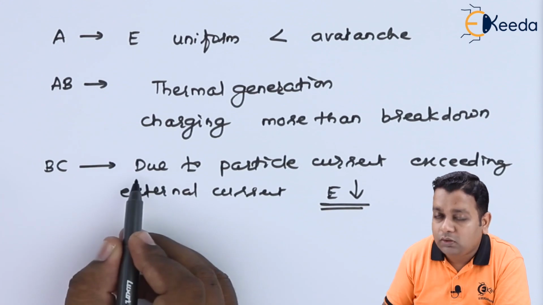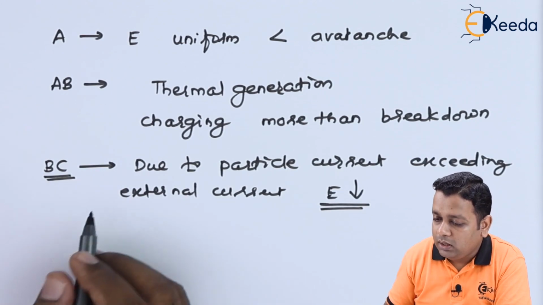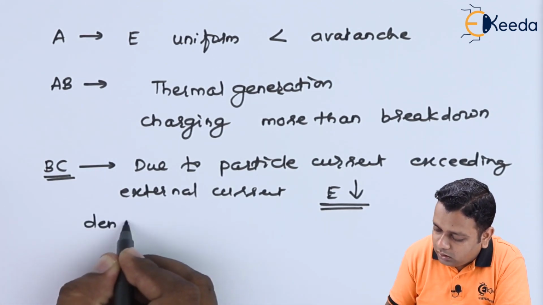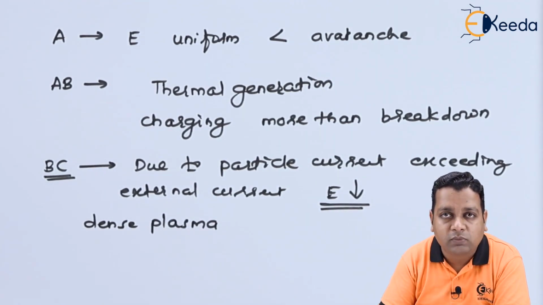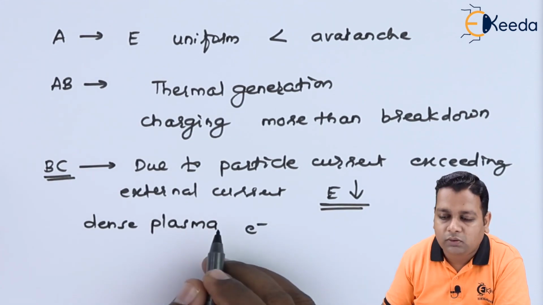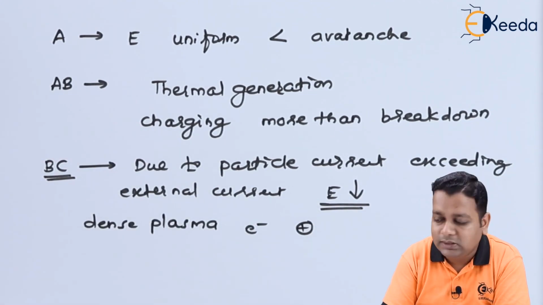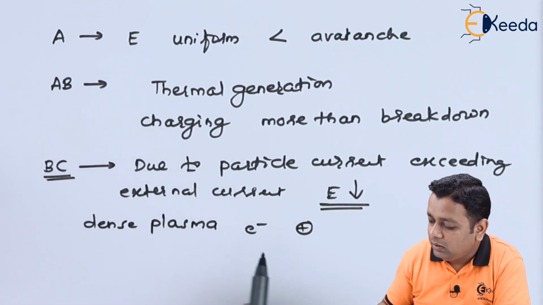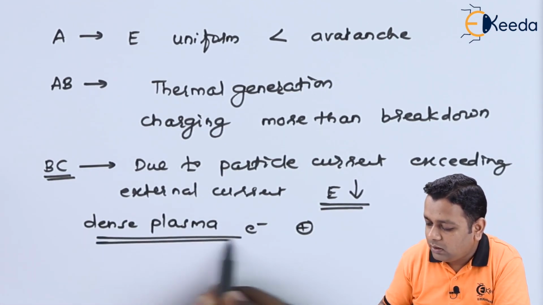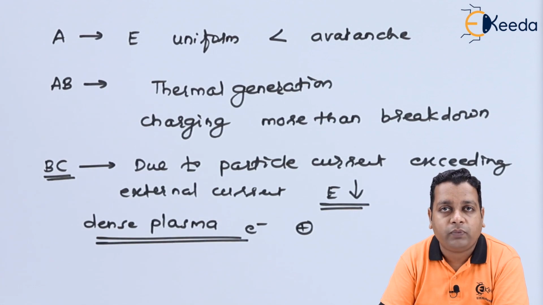During this time interval from point B to point C, there will be the formation of dense plasma, and this dense plasma, which constitutes free electrons as well as holes, is present when the electric field is at low potential, and finally the plasma will be trapped inside the depletion region. Hence we call the device the trapped plasma avalanche transit time device, the TRAPATT diode.